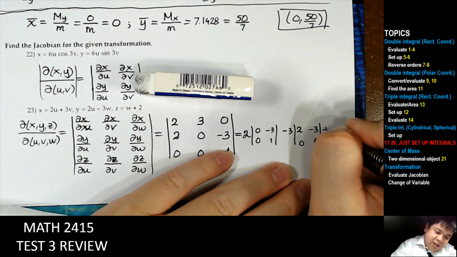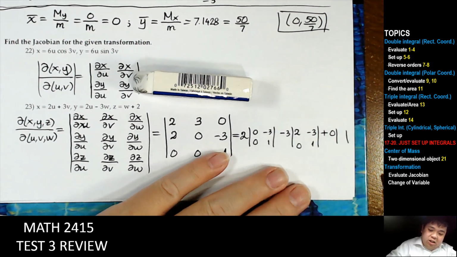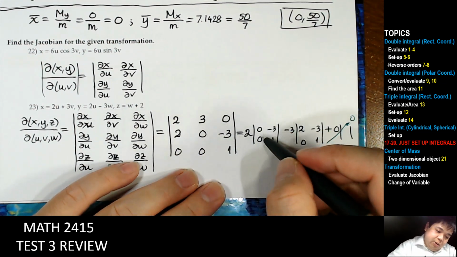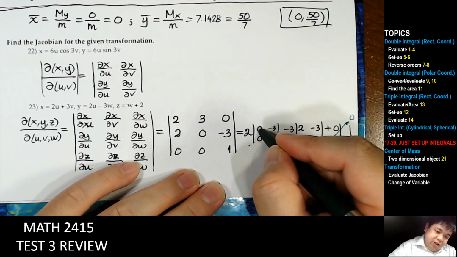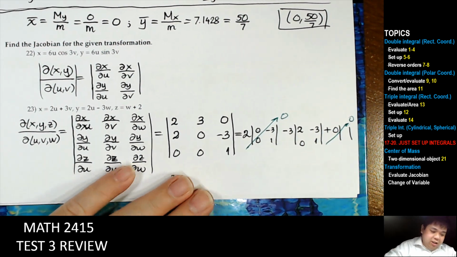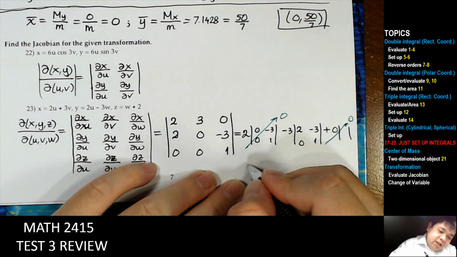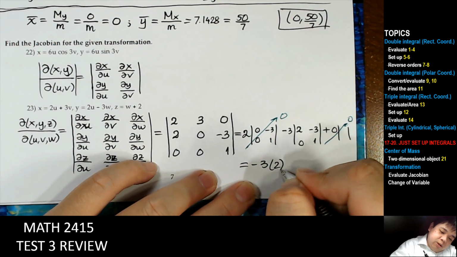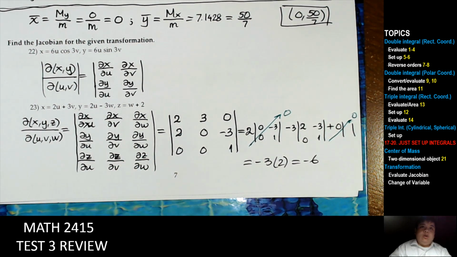And then the last 0, doesn't matter what it is, it's going to be 0 anyway. So this also is 0, because 0 plus 0 is 0. So we only have this, and that gives us -3 times 2, so -6. So that's all we have for a 3 by 3 determinant.